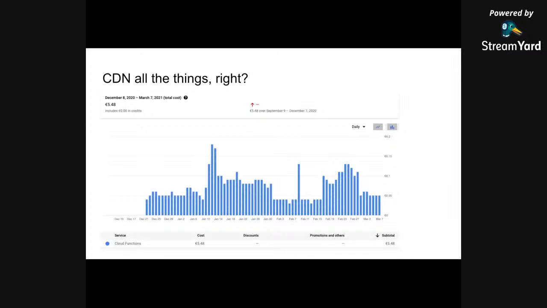I talked about the CDN and how we put it in front of the serving endpoint so that we can cache it more aggressively to save a lot of money on the serving. And then everybody was like, hey, let's put CDN in front of all of the things, right? We have some endpoints in Cloud Functions, for example, these keys that are being pulled all the time to all the applications, even when you have it in your pocket and you don't open the app at all, because that's how it's supposed to work.